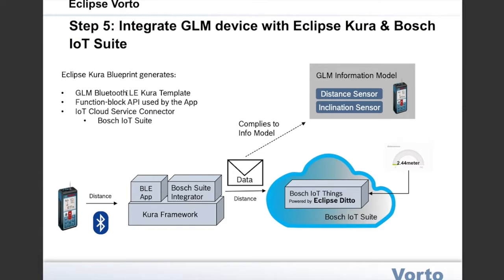So this generator already creates a template using the Bluetooth functionality of Kura, as well as provides an API, which is a strongly typed model derived from the information model that you can use, and it's implemented to connect to the cloud backend, in this case the Bosch IT Suite.